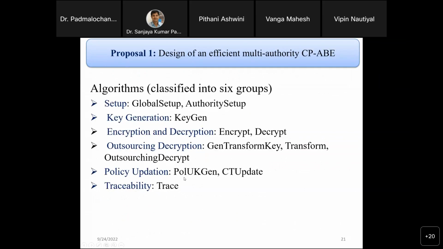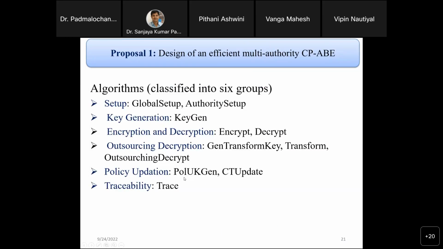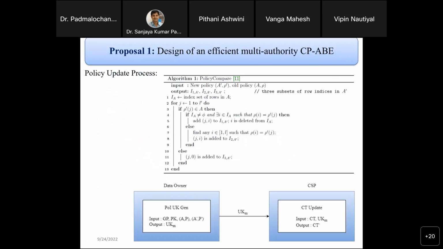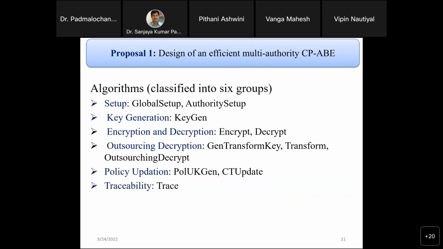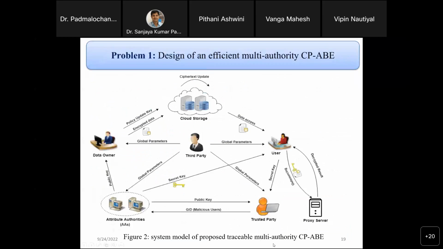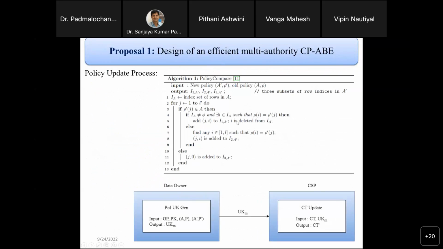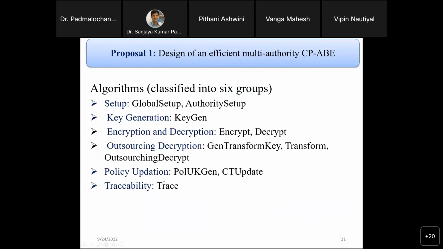And the traceability trace procedure, which is invoked by the trusted party. So the trusted party actually runs the trace procedure. These are the algorithms which are used, and I will not talk about all the details. I will mainly talk about policy updation and traceability, because these are the two important ones.